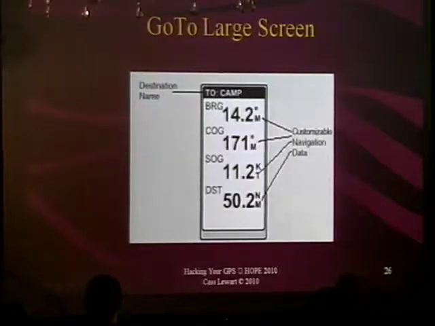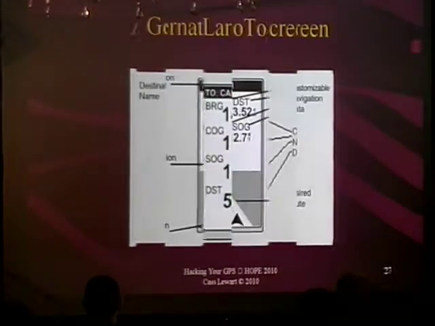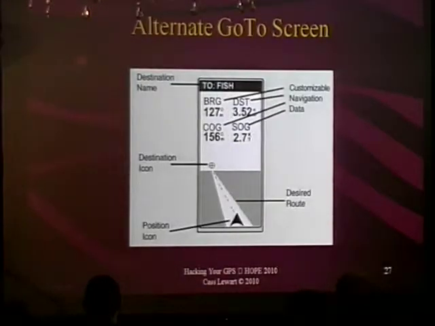This is another screen which I use quite often. It shows you go left, or it shows you the distance to your destination, your speed. When I use it on the plane, it shows me the altitude and the time till you get there.